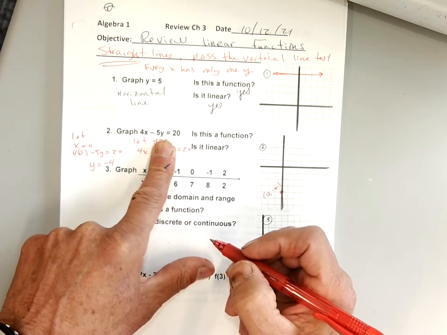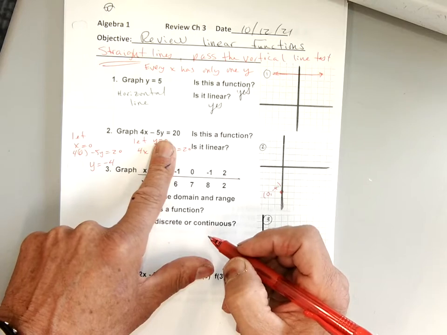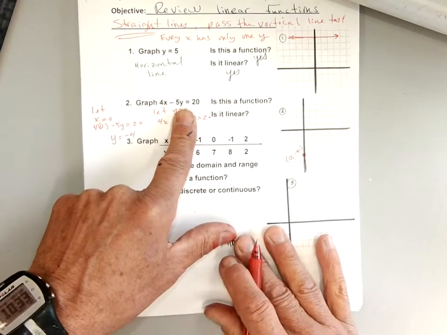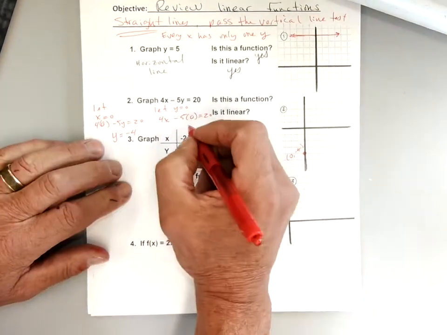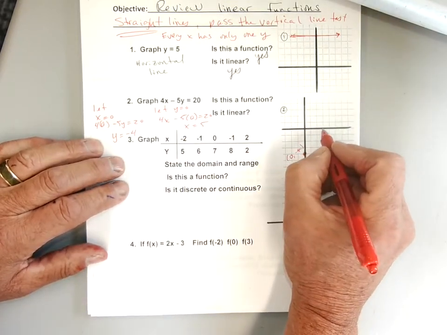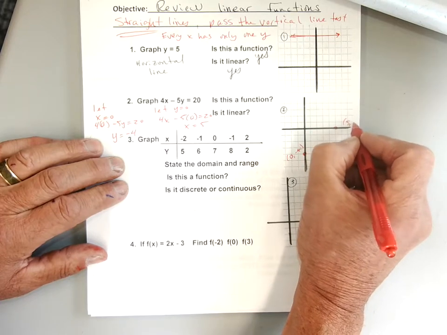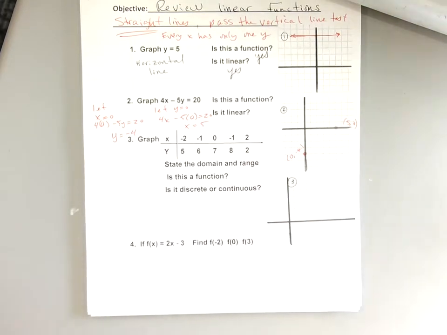Am I going too fast? Okay, I got 4x equals 20, divide by 4, and I got x equals 5. 1, 2, 3, 4, 5, so we've got a point at (5, 0). Those are the intercepts. So if I ask for the intercepts, you've got 2 intercepts.